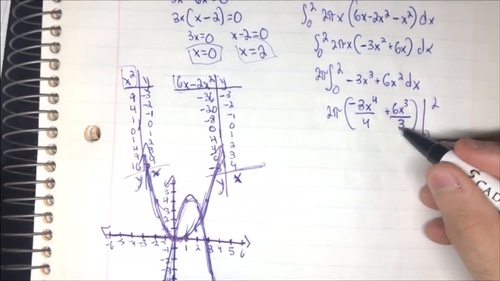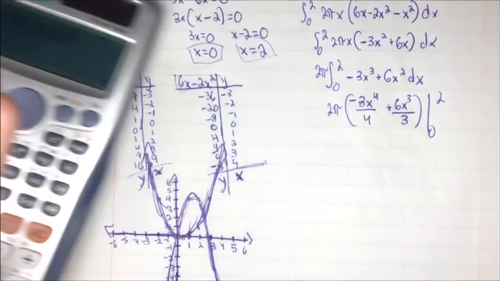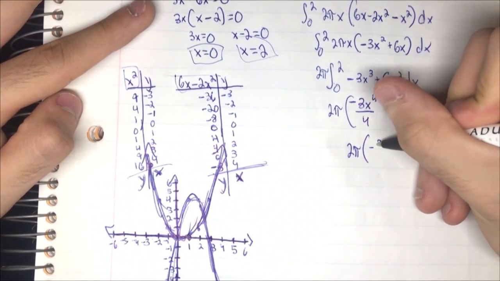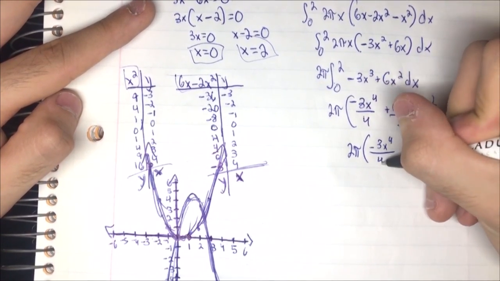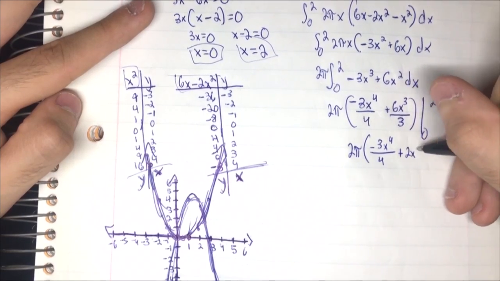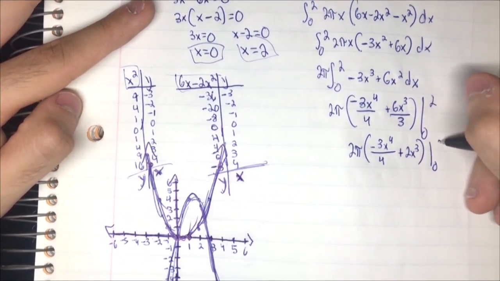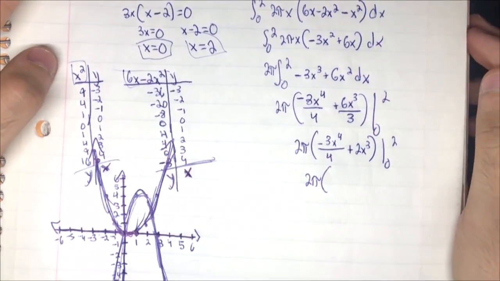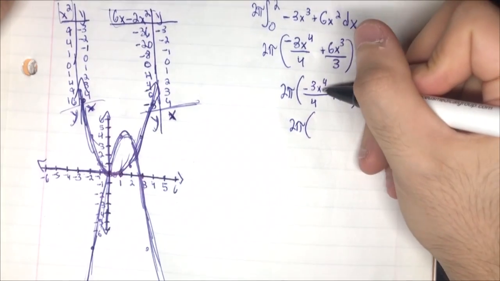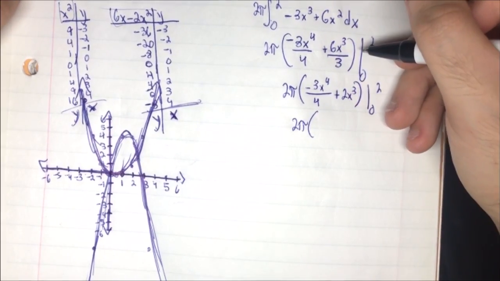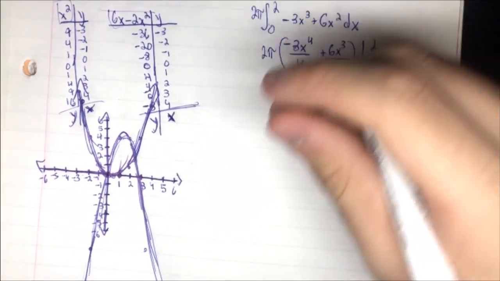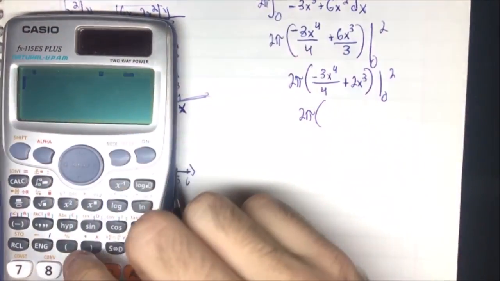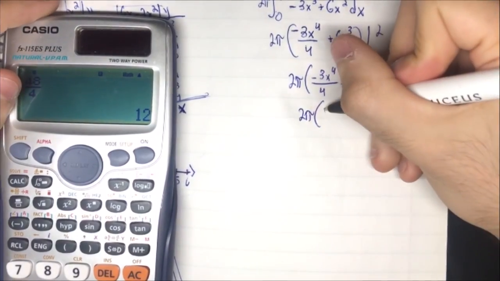And we can simplify the 6 and 3, so let's just do that. 2 pi times negative 3x to the 4th over 4, and then plus 2x cubed from 0 to 2. Now we plug in the 2 first. So if we plug in the 2, we get 2 times 2 is 4. 4 times 4 is 16. 16 times 3 gives you 48. 48 over 4 is 12.